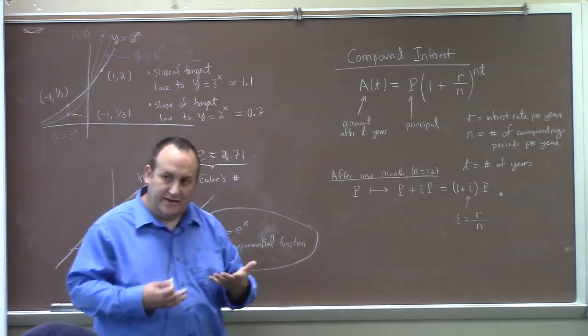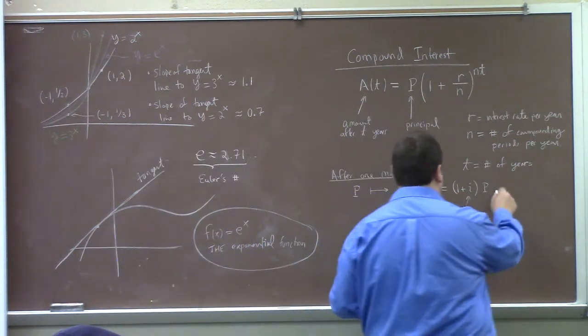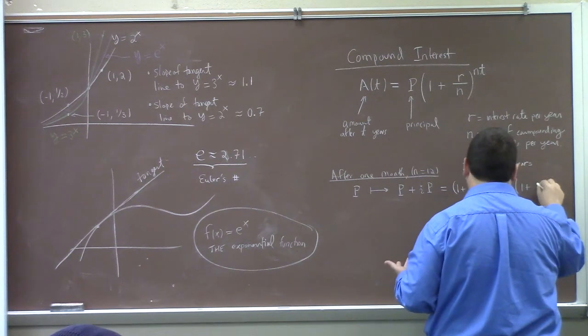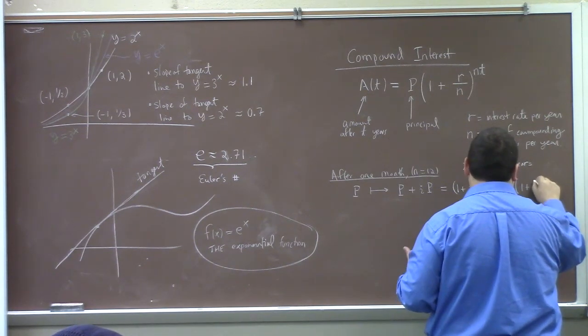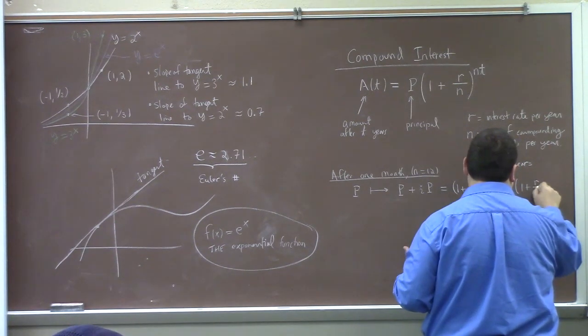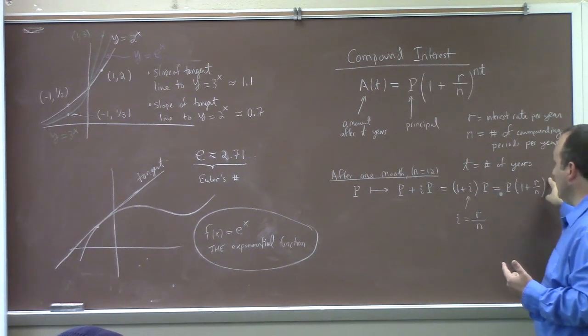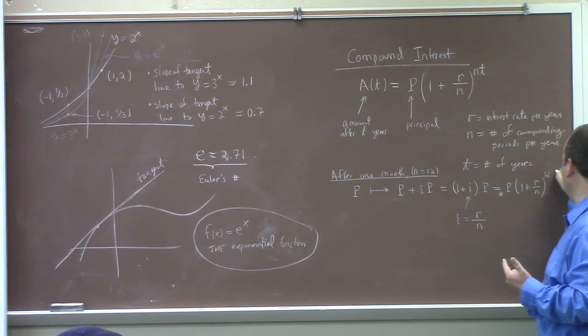But it actually is. You just have to tilt your head and squint and say, well, that's the principal times 1 plus r over n, because that's i, to the 1 power. But 1 is what? 1 is 12 times 1/12 of a year.